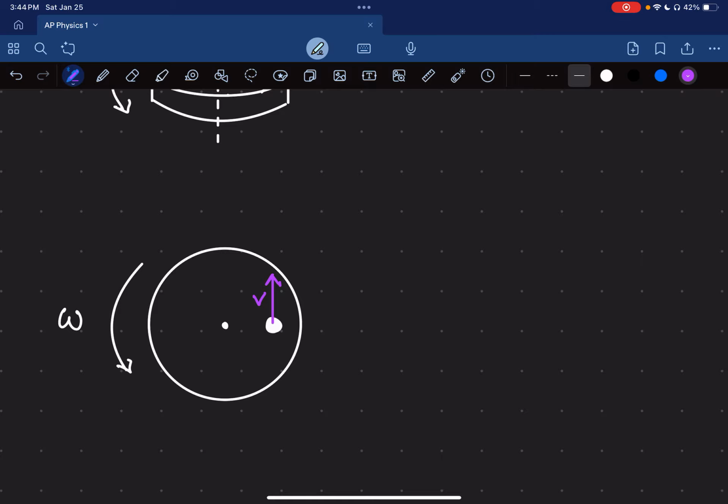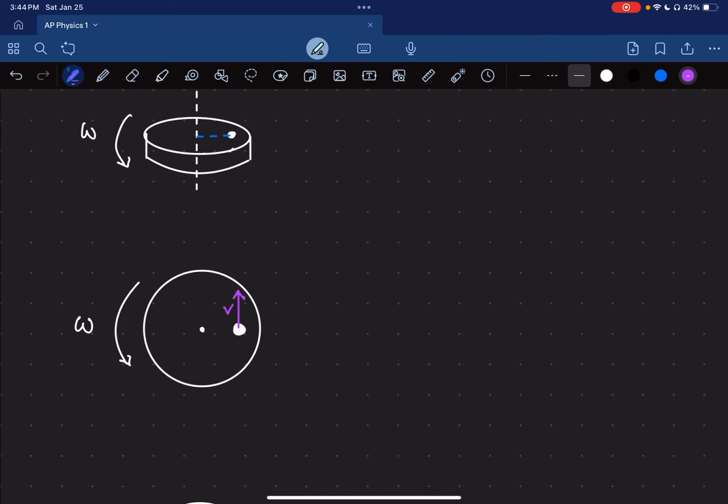We've done this before actually, but we have an equation that will relate these quantities together. So v equals r omega. Let's write this out.